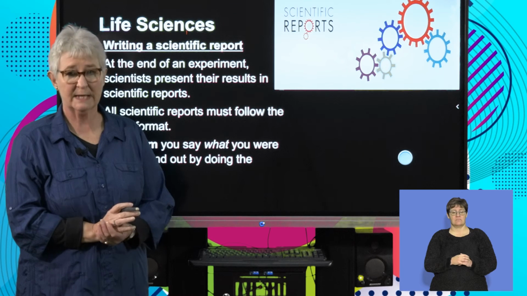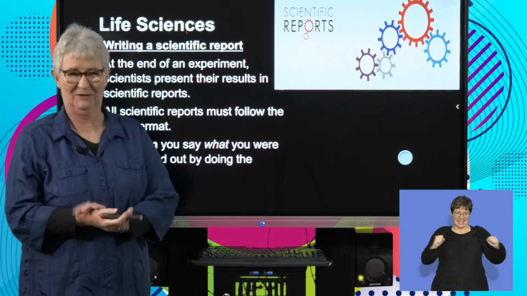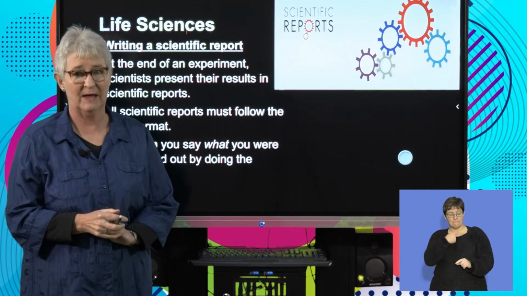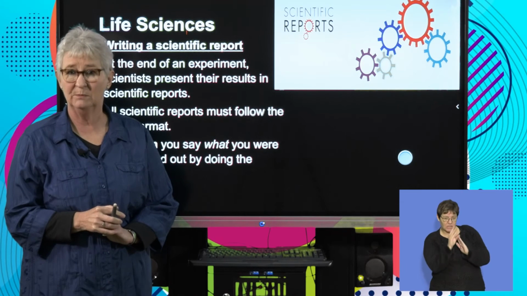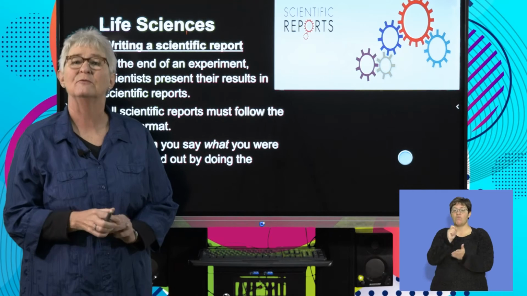Then, what scientists do, once they've done the experiment and they're like, yes, it works, is write a report so that they can share their findings with other people in the scientific community. So they write a scientific report.